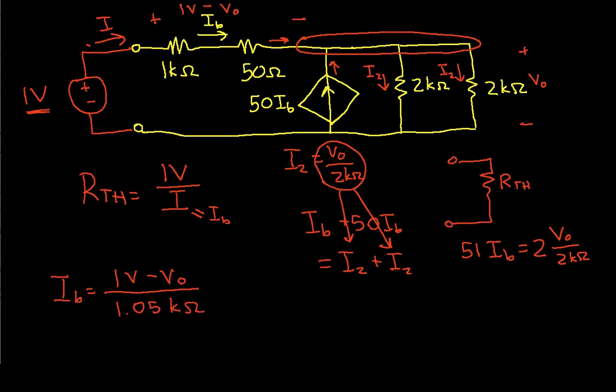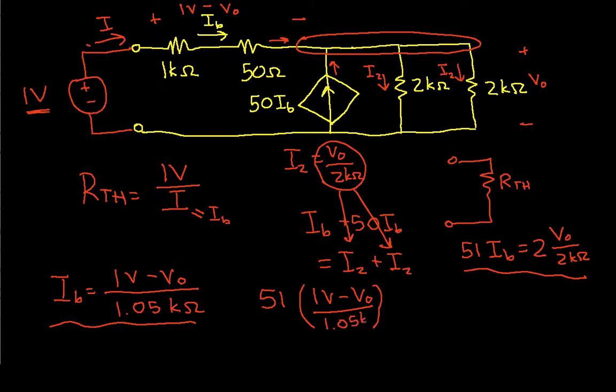So now we can combine this equation and this equation to get the following. 51 times I sub B, which is 51 times 1 volt minus V0 over 1.05 k ohms, is equal to 2 V sub 0 over 2 k ohms. And we can solve this equation for V0.